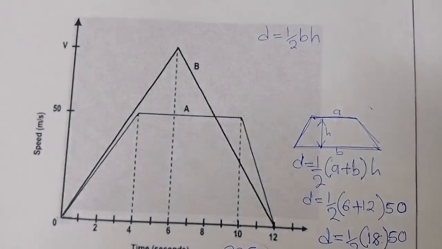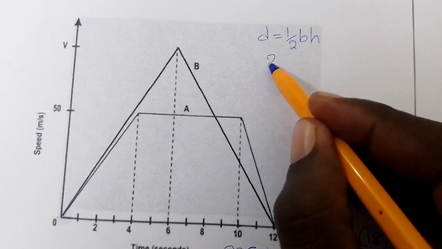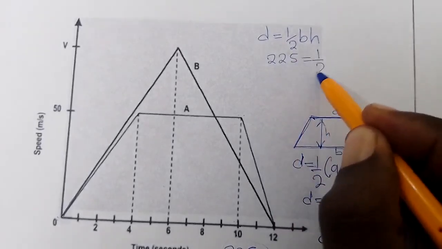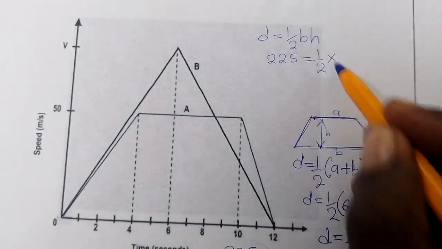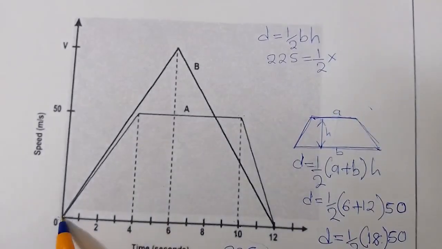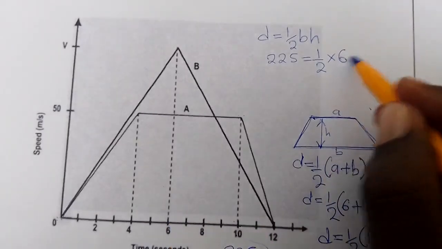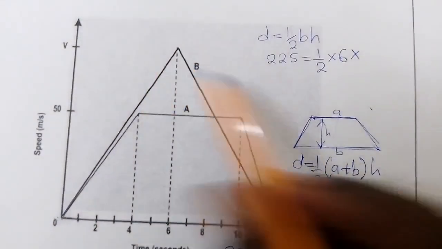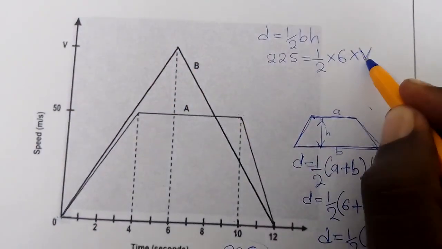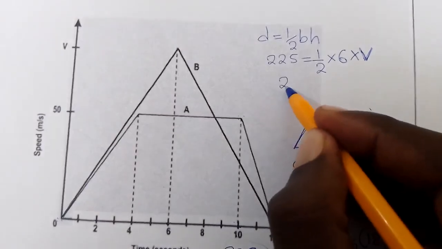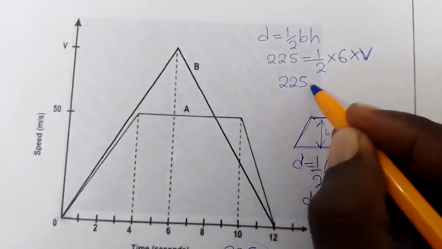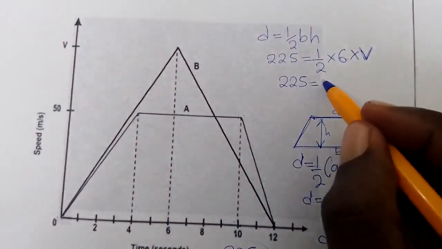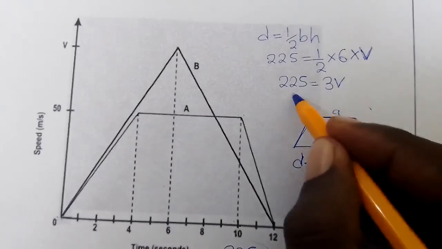Then distance is this 225. Say 225 is equal to half times the base. What is the base? 6. From here to there it is 6. Times the height from there to there, which is v. The height is v. So 225 is equal to, what is half of 6? It is 3. So 3v. You divide both sides by 3.